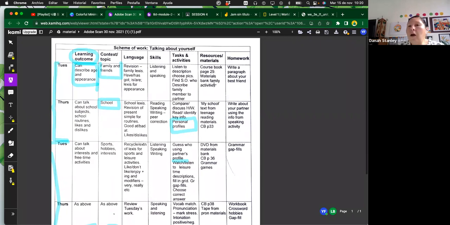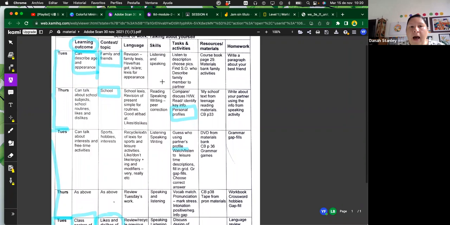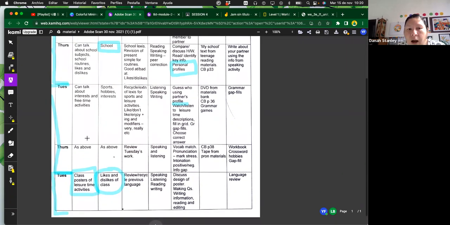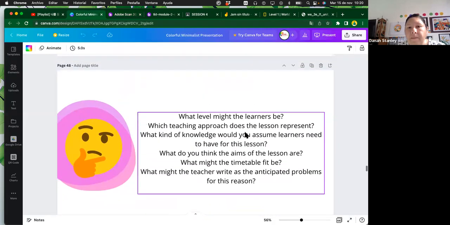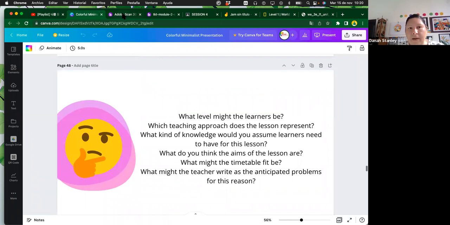Entonces, we are going to take the 10 minutes break. And then we are going to continue analyzing this. And we are going to do a similar exercise by spotting this information.